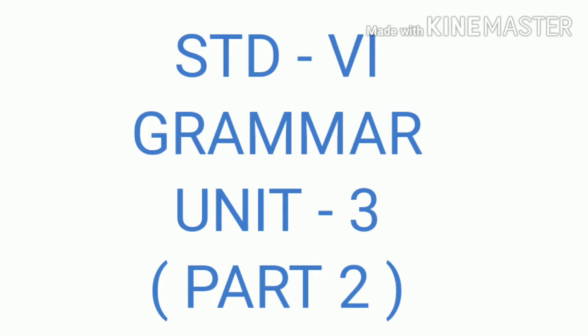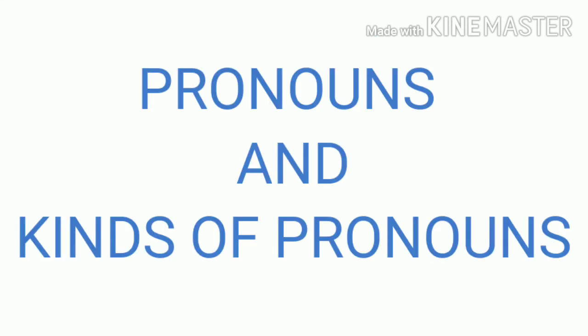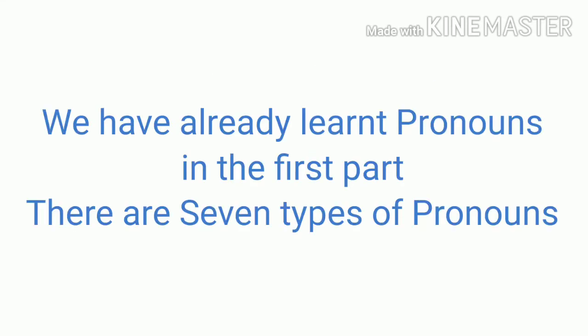Today, we begin with Standard 6 Grammar, Unit 3, Part 2: Pronouns and Kinds of Pronouns. We have already learnt about pronouns in the first part. There are 7 types of pronouns.